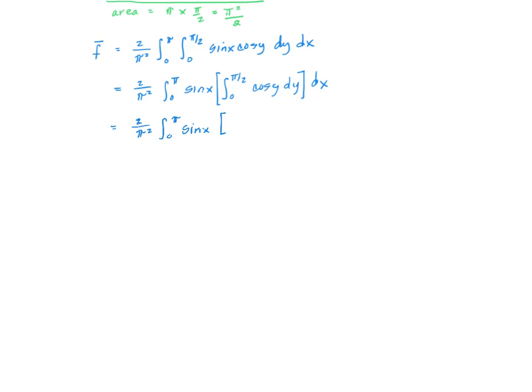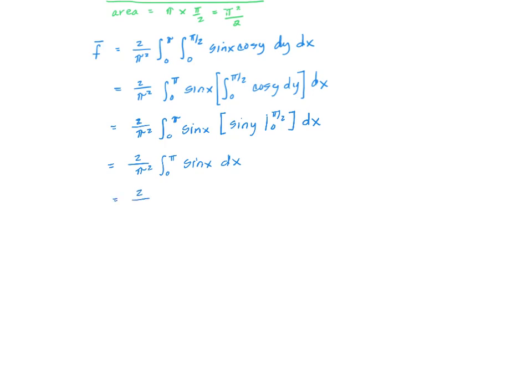So cosine just becomes sine of y evaluated from 0 to pi over 2. That's sine of pi over 2 minus sine of 0, which is just 1. I'm not going to bother to write that. Since it's just 1, then I'm going to integrate from 0 to pi. Sine of x times 1 is simply sine of x, and the integral of sine of x is negative cosine. Oops, I forgot the square on my pi.